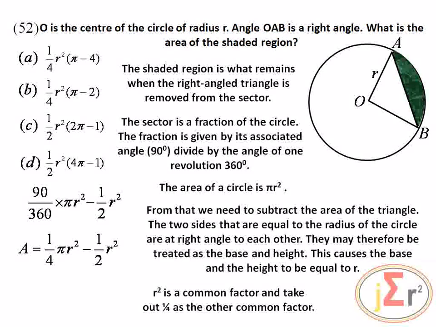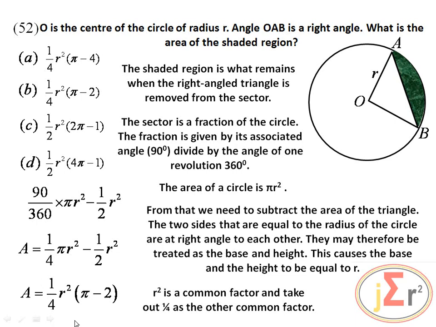After taking out a quarter, we may demonstrate on subsequent slides that we are correct in taking out a quarter. So we are factorizing by taking out, as we can see, it is blatant right here that r squared is common, and we will also take a quarter as a part of that common factor.